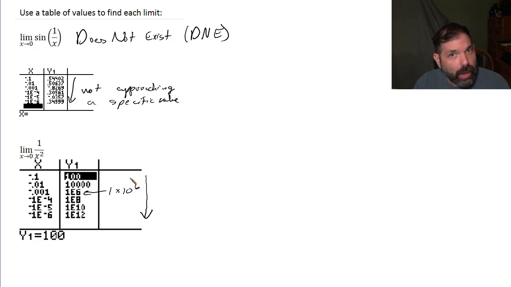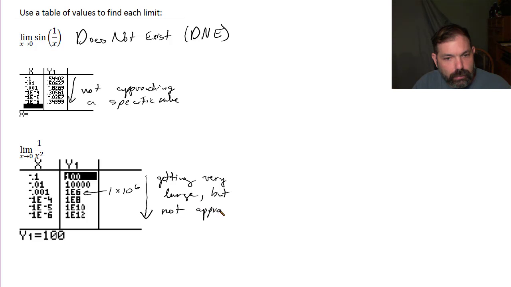Now, they're not approaching a specific number, though. The outputs are getting very large, but not approaching a specific number.